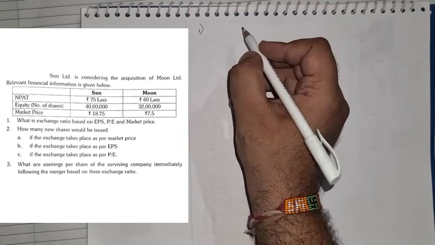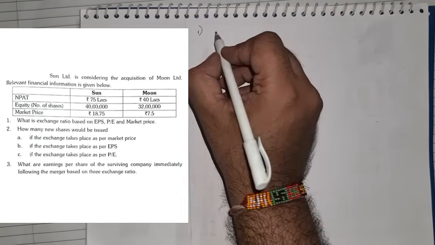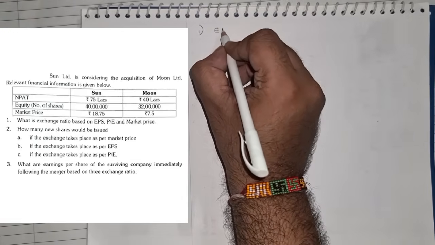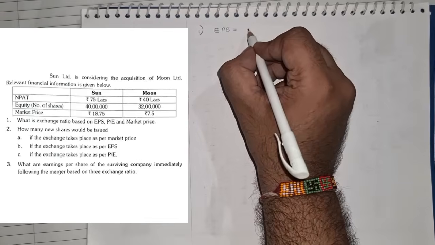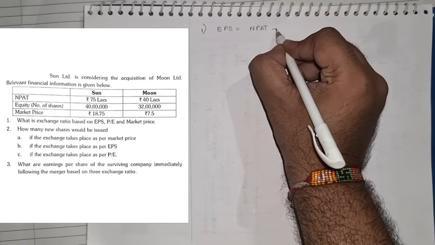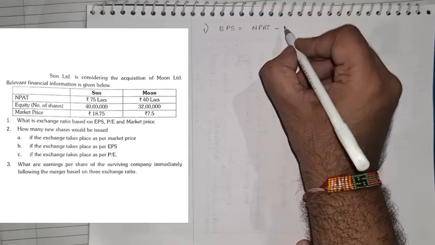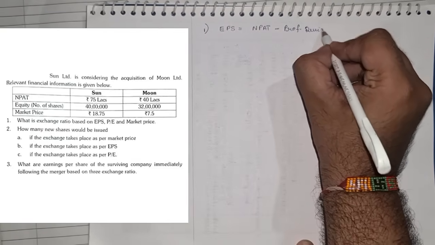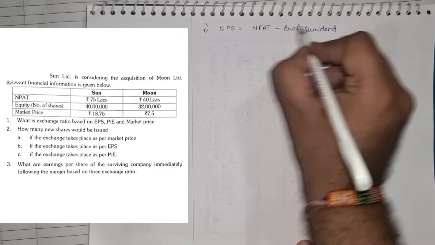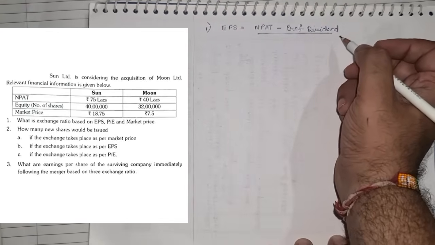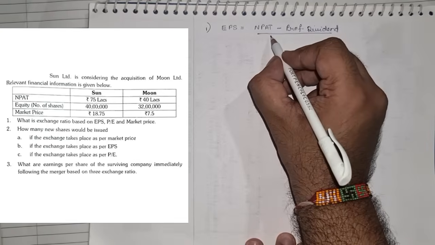Number one, the very first thing we are going to do is find the exchange ratio as per the EPS method. Now the formula of EPS is net profit after tax minus preference dividend upon the number of equity shares.